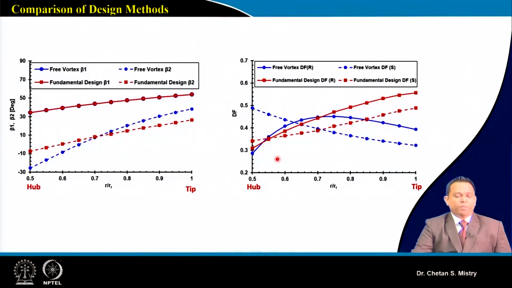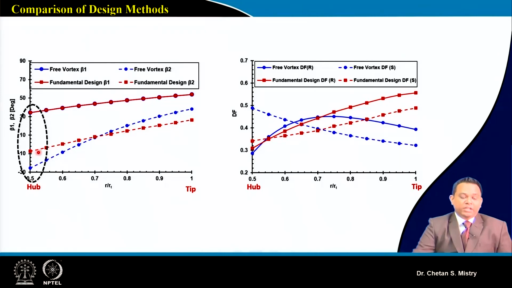Now let's compare what we have seen from these two methods. Here we have the free vortex method and our fundamental method, and as we have discussed, this beta 1 will be the same for both methods. For my beta 2, using our fundamental approach, my exit angle comes out slightly lower.